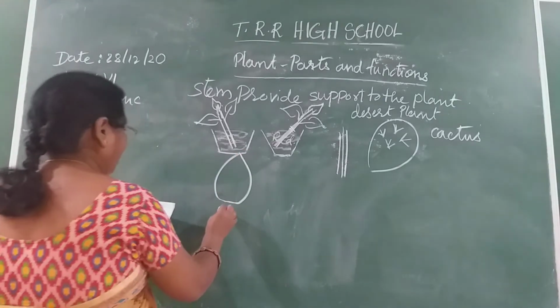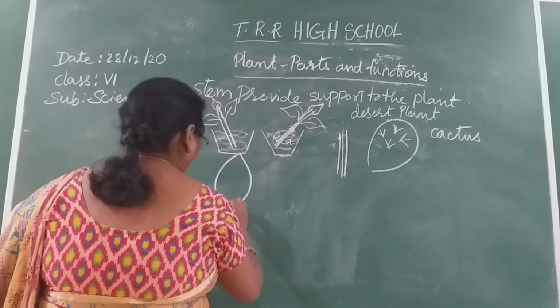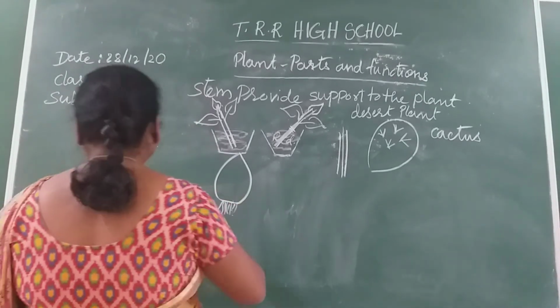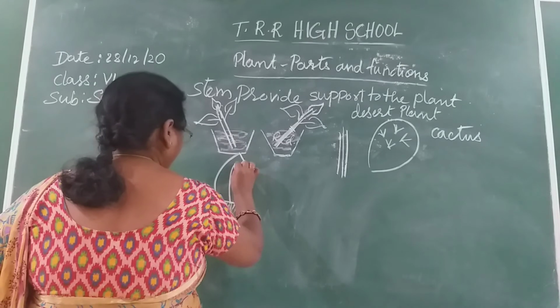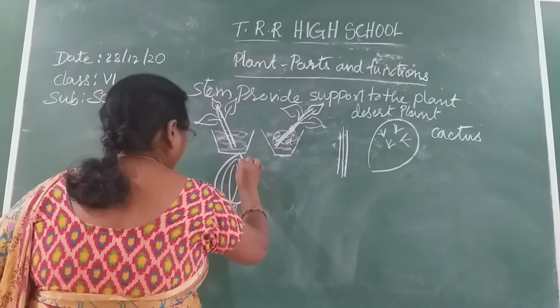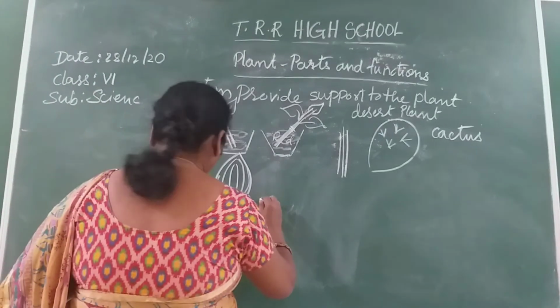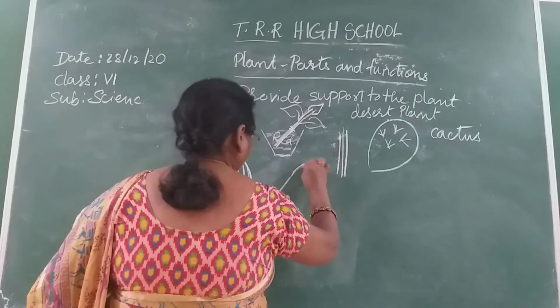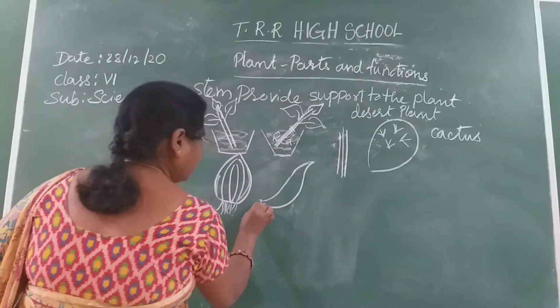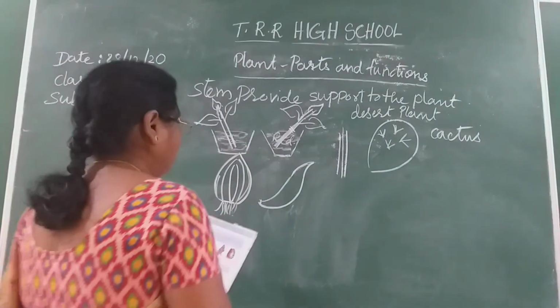This is what you call it, onion. See, onion is there. Garlic. This is a garlic. Turmeric.